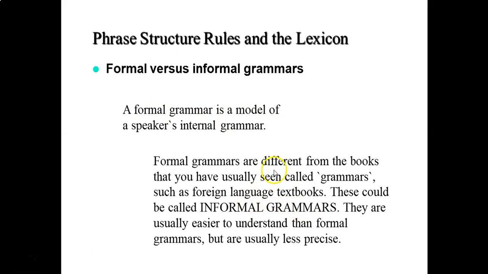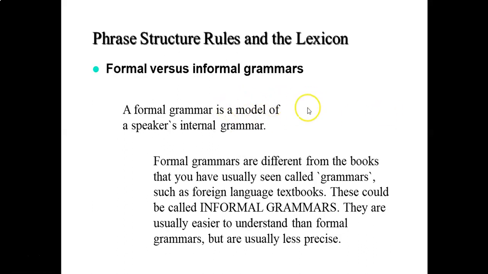Again, formal grammars attempt to represent a speaker's internal grammar much more accurately and in more detail than is usually done in informal grammar. What we analyze, like NP, VP, NP from determiner and noun, that's the way to analyze the NP and VP.